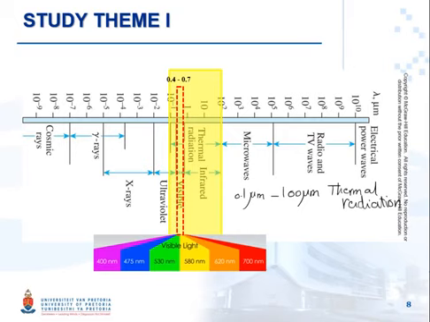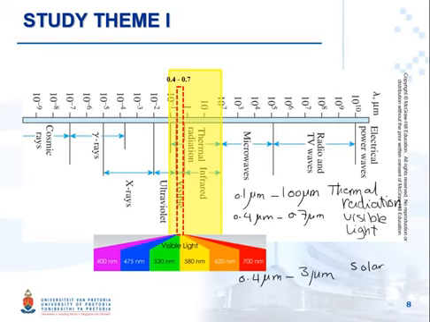Okay. How about the visible? The boundary for visible light is between 0.4 micrometer to 0.7 micrometer. Visible light. The other boundary which is important for us is between 0.4 micrometer to 3 micrometer, which is solar radiation.